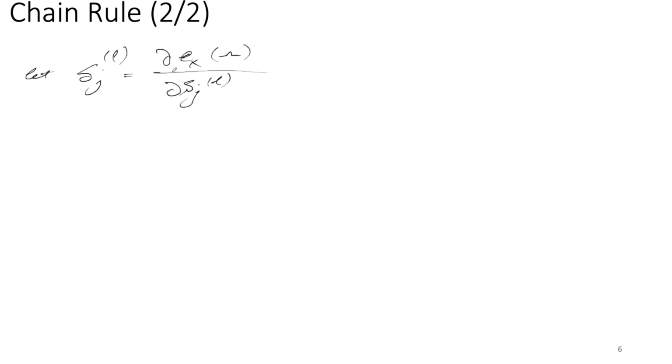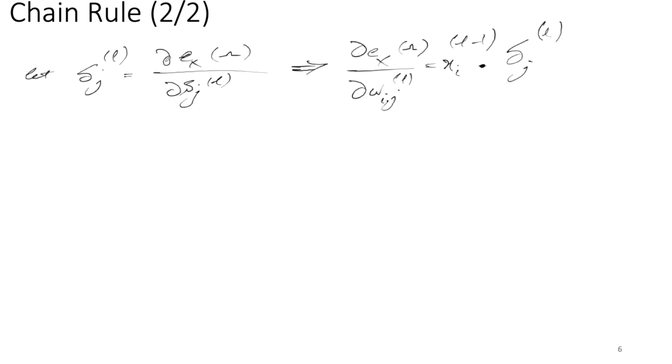So let this be partial E_n(omega) divided by S_j of L. Now that previous formula becomes this, right? We computed that, and this is the delta j.